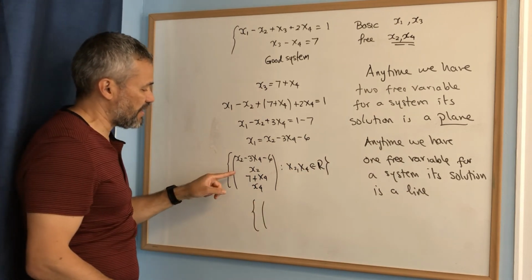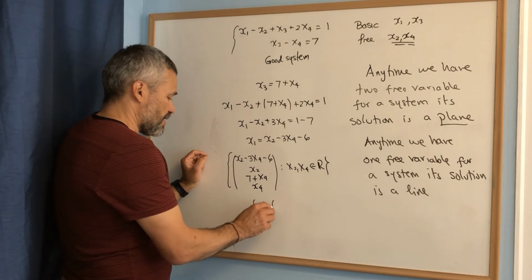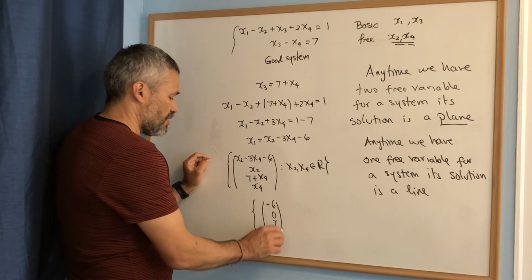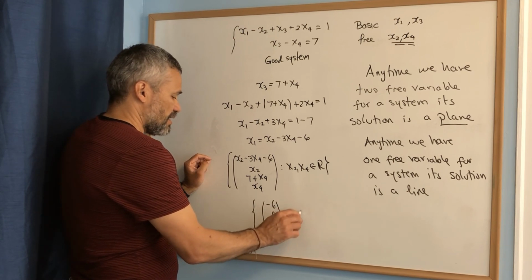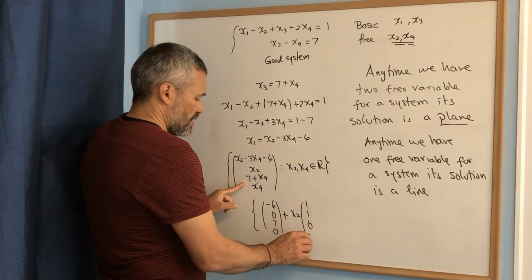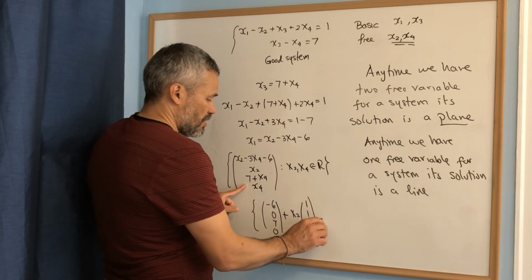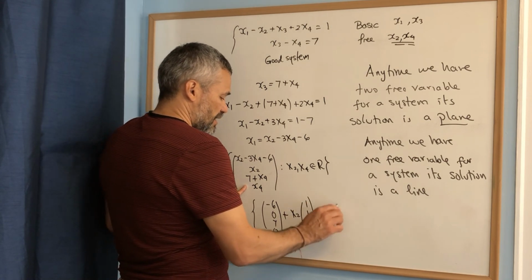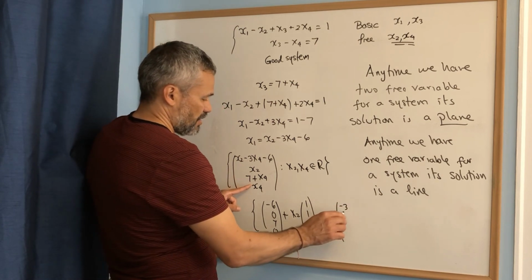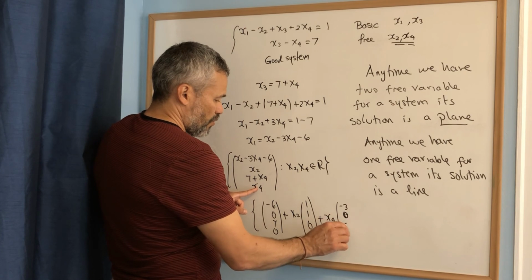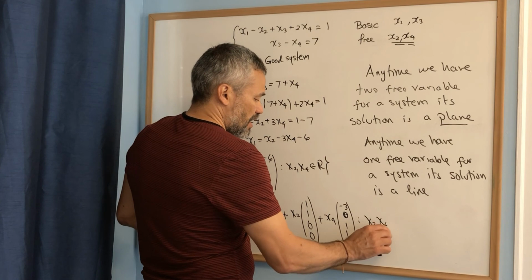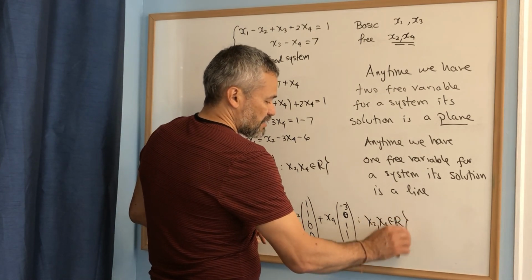And remember, this may be the challenging part. I can rewrite it as (-6, 0, 7, 0) plus x2 times (1, 1, 0, 0) plus x4 times (-3, 0, 1, 1), such that x2 and x4 are real numbers.